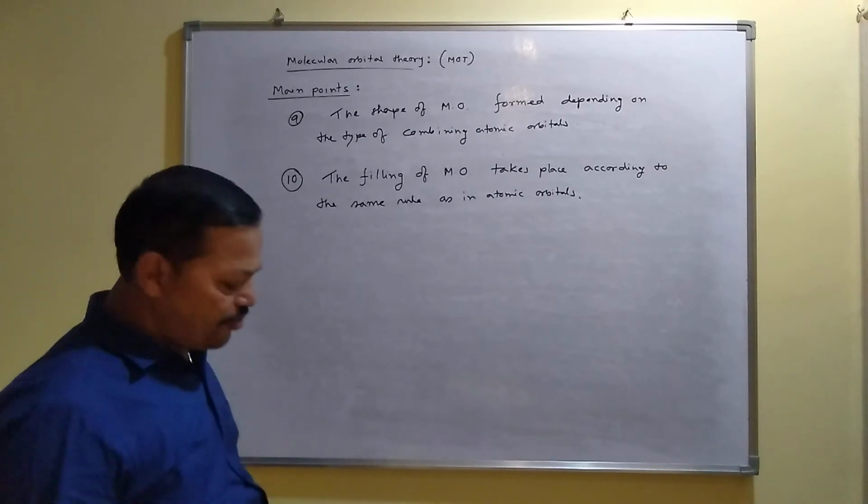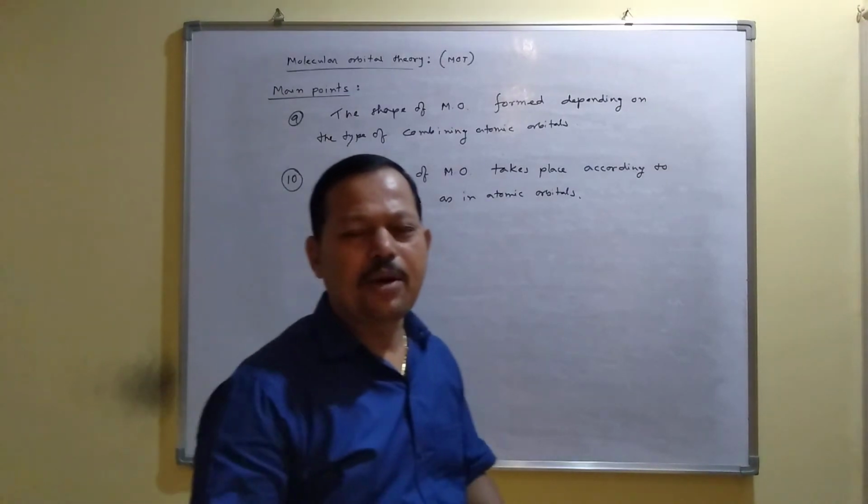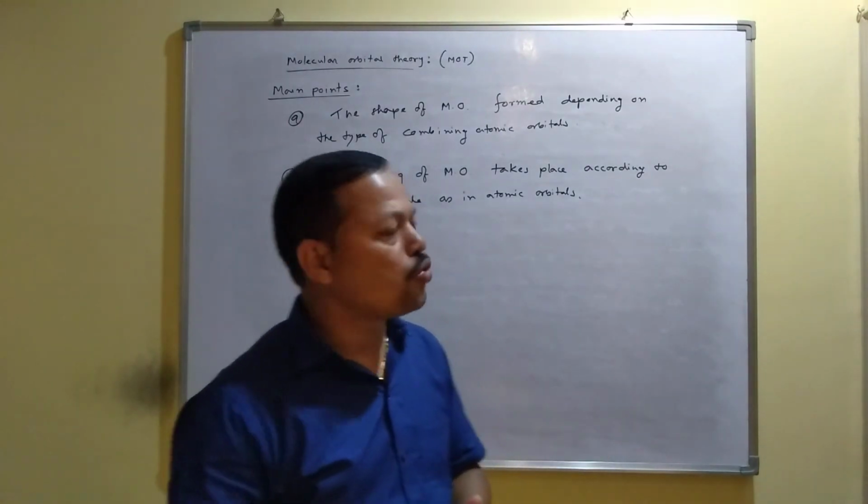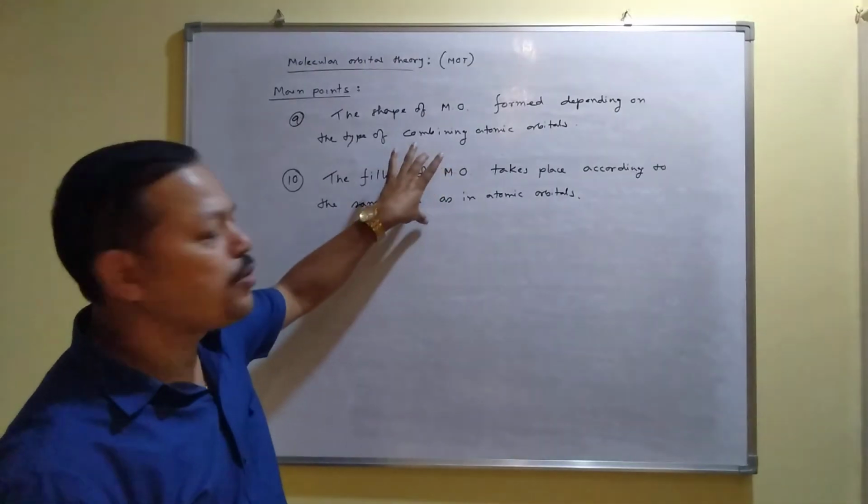I mean, when you fill up the electrons in atomic orbitals, you have some rules, like Pauli exclusion principle, Aufbau principle, Hund's rule. That same rule also you have to apply here.